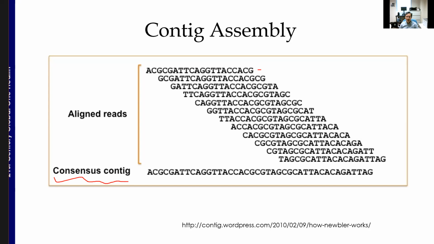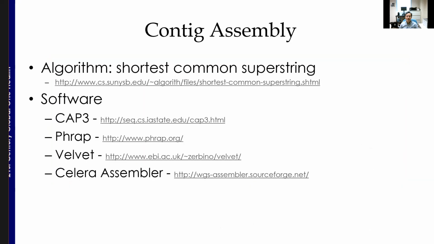It is like rebuilding a puzzle: you put the pieces together to get the original sequence from the genome sample. A lot of software tools have been built; CAP3 and PHRAP were used in the early stage, and there are new generation assemblers that can be applied directly to large amounts of data.